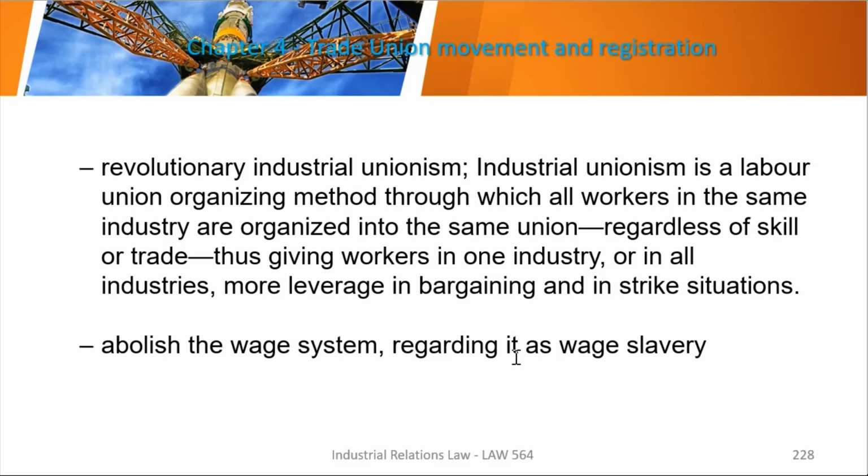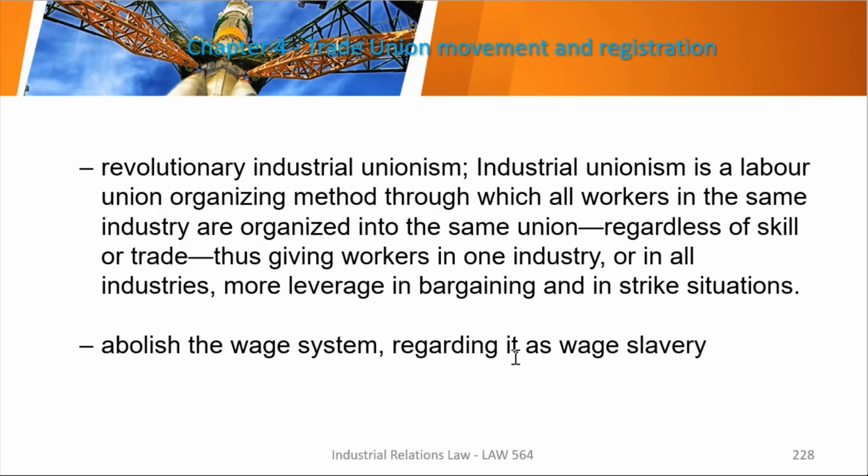This slide talks about industrial unionism, a labor organizing method through which all workers in the same industry are organized. So if you look at the trade union, obviously the members are going to be of the same kind.